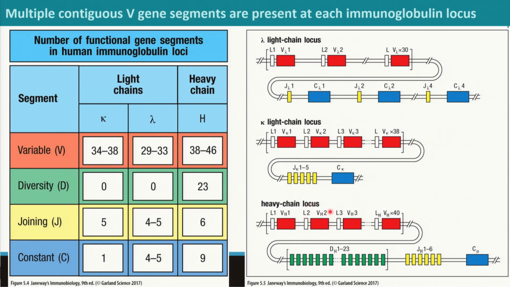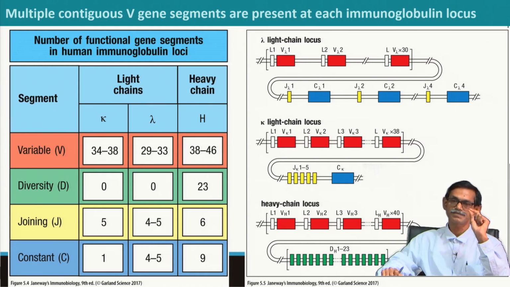In the heavy chain, we have 3 domains: V, D and the third one J, right. So, how many variable domains? For example, if I consider that on average there are 40 variable regions of H chain, we have 40 variable regions, then a space, then all 23 D regions one after another, and then 6 joining regions, and then this C mu, where mu stands for IgM.